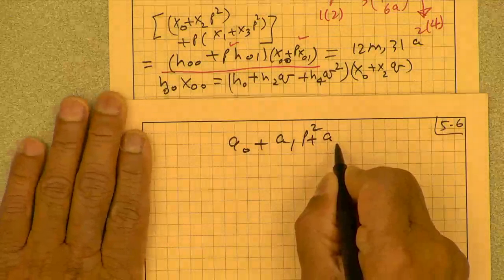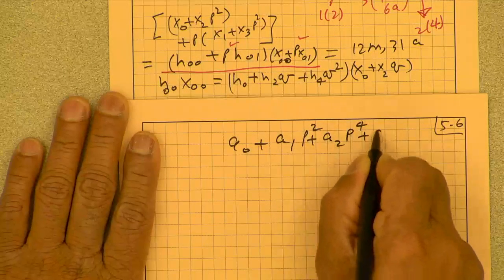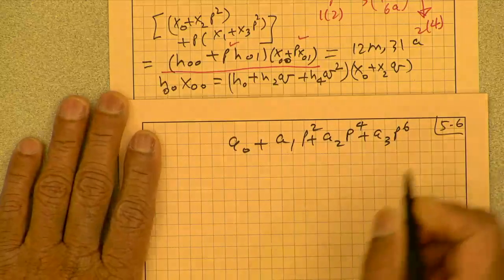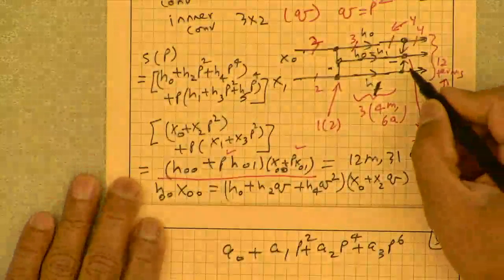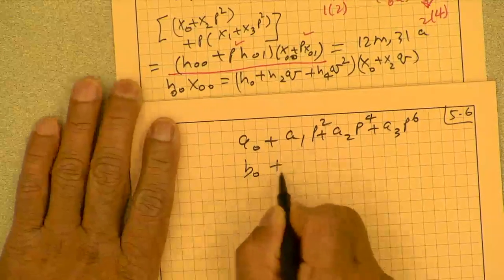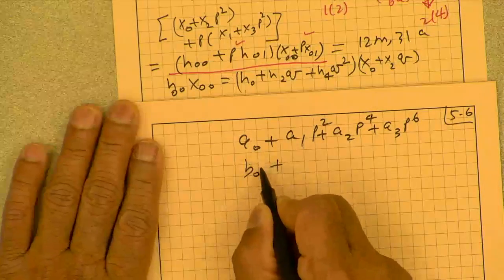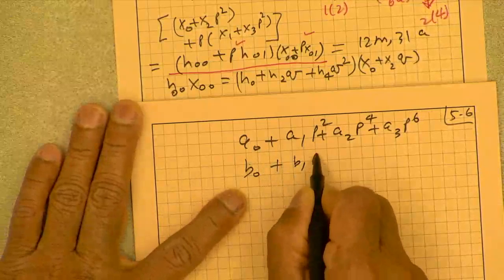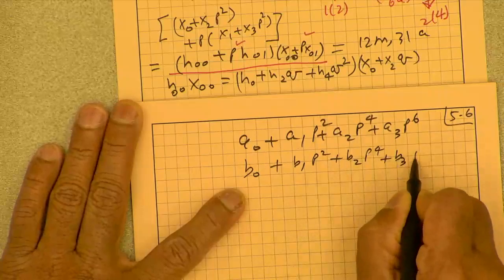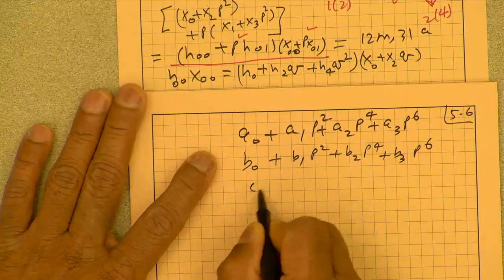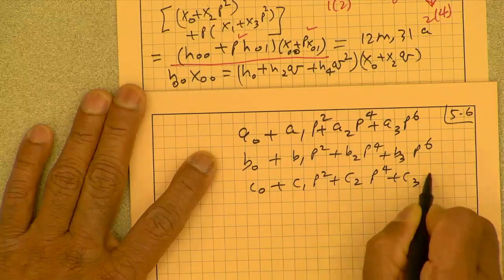So a0 plus a1 p squared plus a2 p to power 4th plus a3 p to power 6th. That's the first line, 4 terms. Second line, b0 plus b1 p squared plus b2 p to power 4th plus b3 p to power 6th, and the last line c0 plus c1 p squared plus c2 p to power 4th plus c3 p to power 6th.